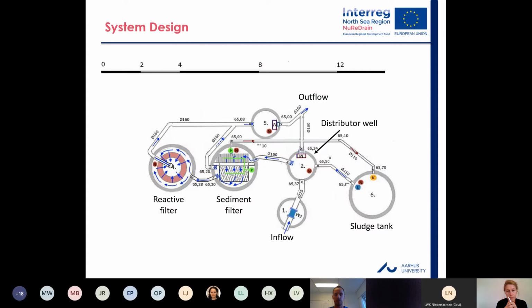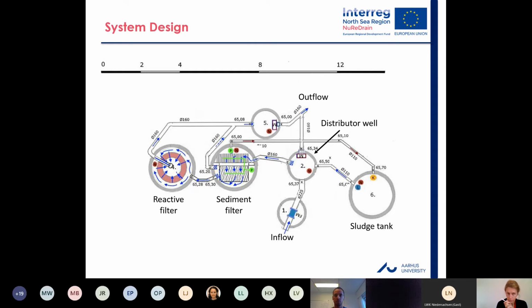This is a schematic of our filter system. It was constructed at the beginning of 2019 under the NuReDrain project. It is constituted of 6 cylindric wells made of concrete. You can see here the drainage inflow enters first well 1, which is housing an electromagnetic flow meter, which is needed to measure the incoming flow.